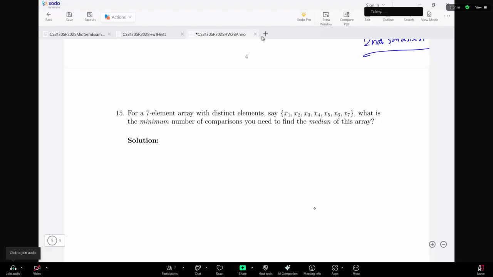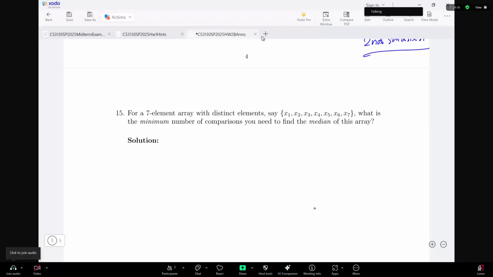So I give you 3 options for question number 15. A 7-element array with distinct elements.